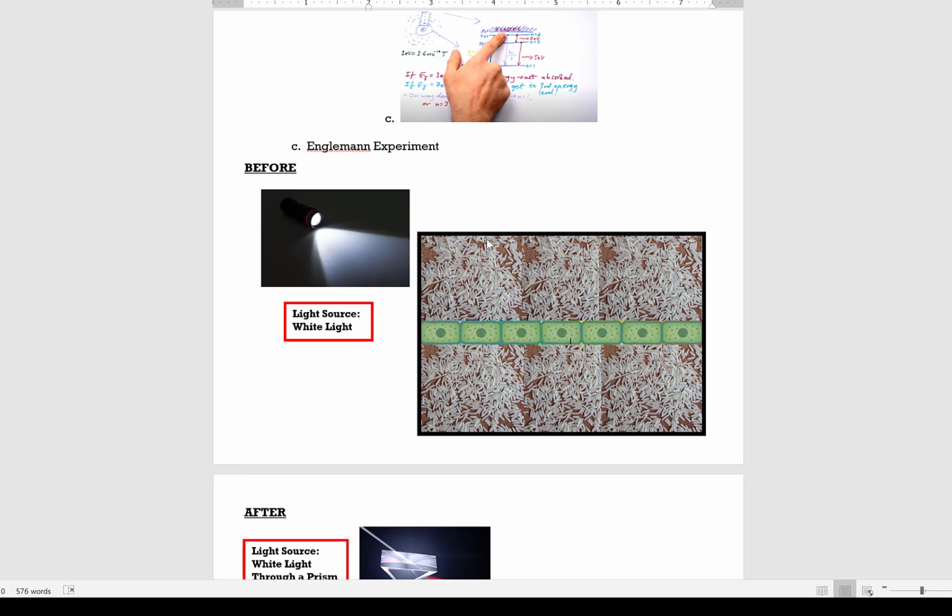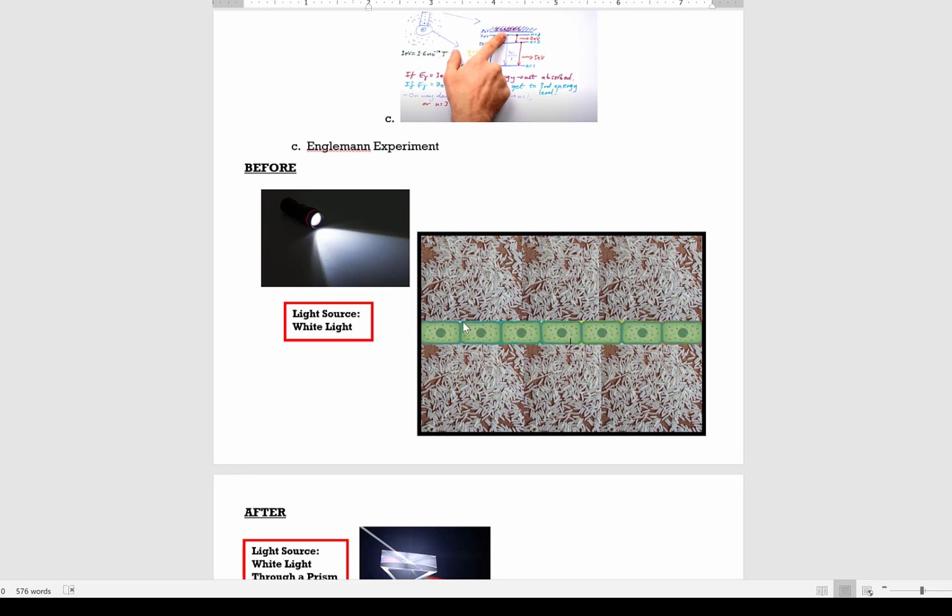So he didn't have a spectrophotometer or anything like that, but he did know that the products of photosynthesis are oxygen and sugar. And he had bacteria that needed oxygen to live and glucose as a food supply.